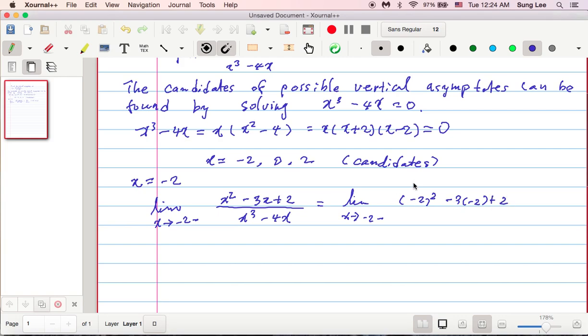That's 4 plus 6 plus 2, which is 12. So that's 12 over, down here, 0.